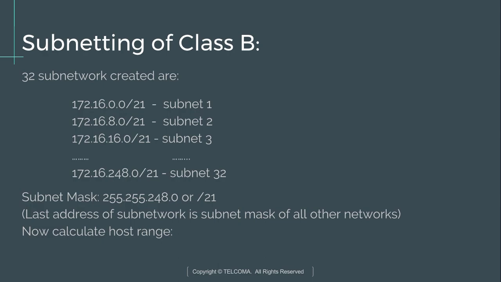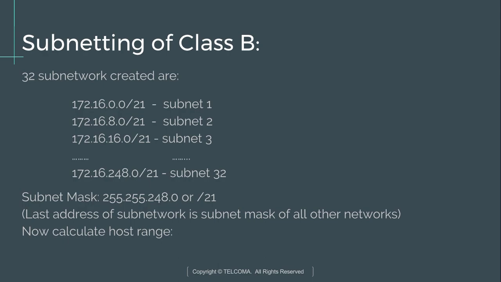The value of that last binary bit is 8. So by adding 8 to the previous address, we get the subnetwork IP addresses: 172.16.16.0/21 is subnet 3, and in the same way 172.16.248.0/21 is subnet 32.